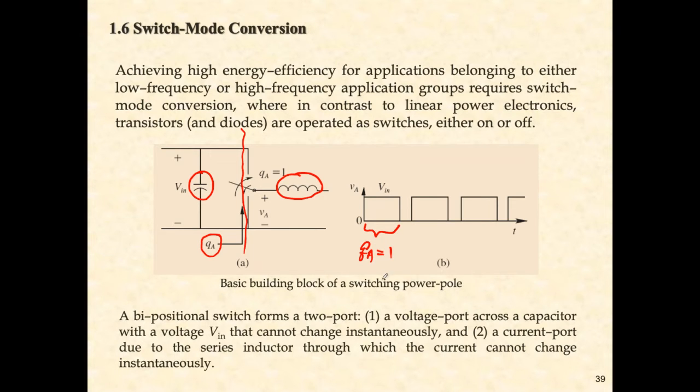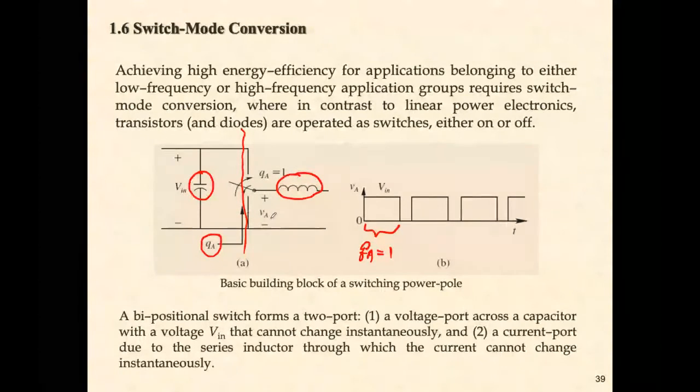This is because when QA is equal to 1, the switch is up and the current can flow through, so there is a VA potential difference. When QA is equal to 0, the switch is down, and so there's no VA.